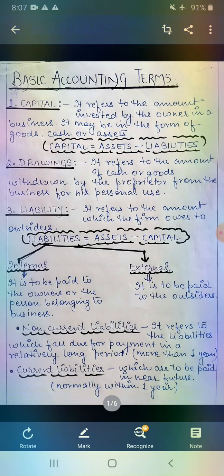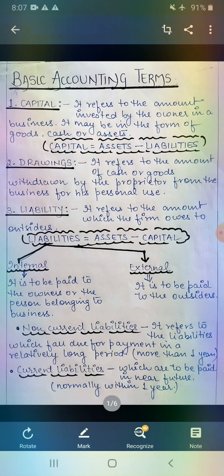Second term is drawings. Drawings means the amount of cash or goods withdrawn by the owner of the business for his personal use. Like if an owner withdrew rupees 5,000 from the business for a birthday party at his home, so the cash is withdrawn from the business.